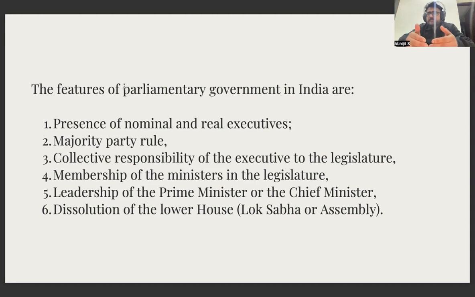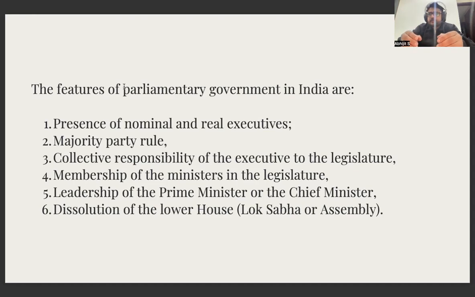Next, membership of the ministers in the legislature. As I already mentioned, the leadership of the prime minister or the chief minister, and the dissolution of the lower house, Lok Sabha or the assembly.